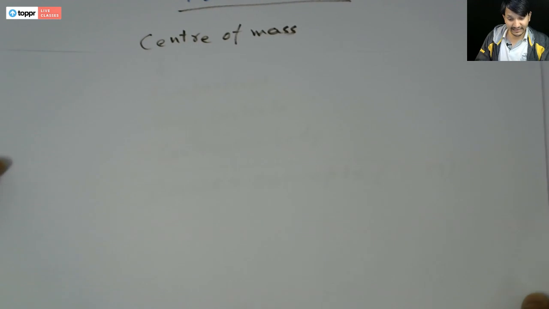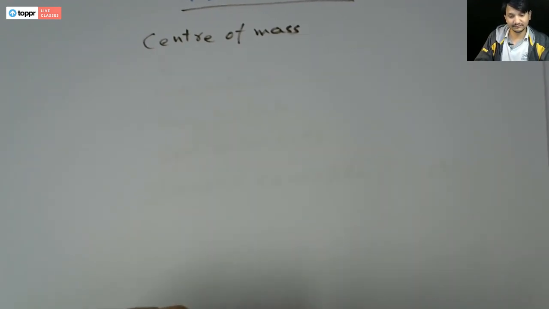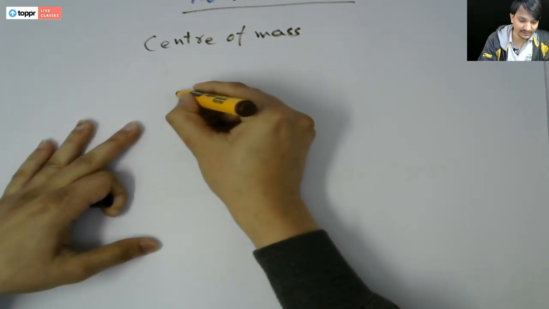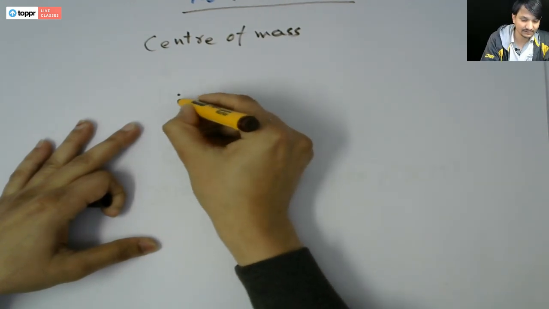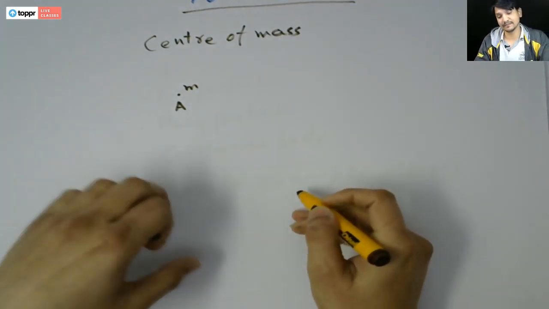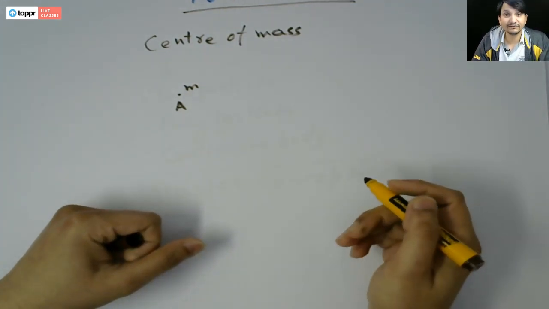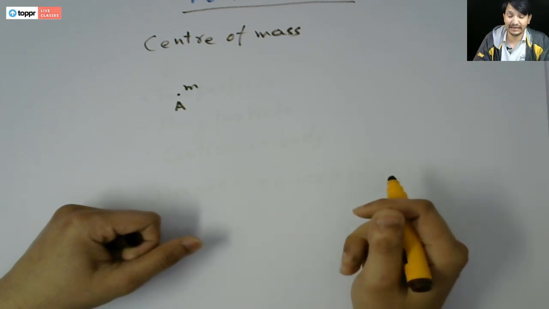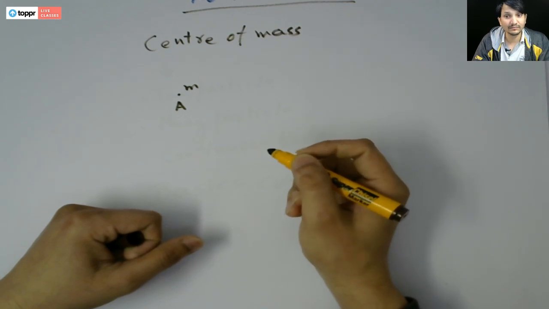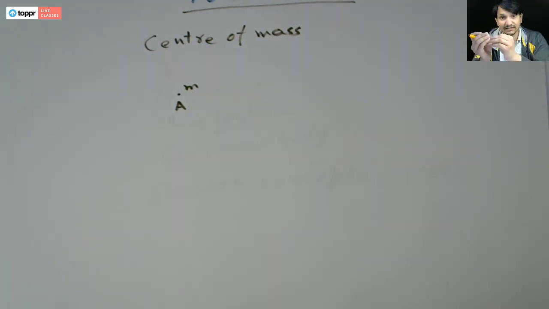So what basically is a center of mass? Suppose there's a point mass situated at a point A having a mass small m. You might have heard about such assumption, like assuming there's a point mass somewhere, assuming that one point mass collides with another point mass, or one body attracts another body while both are situated at single small points.